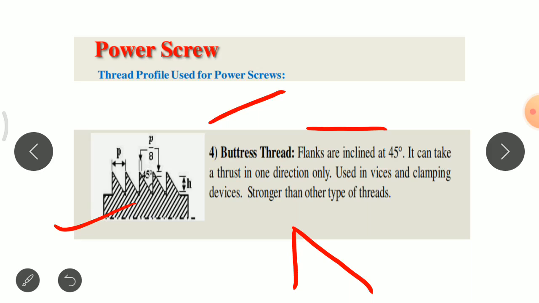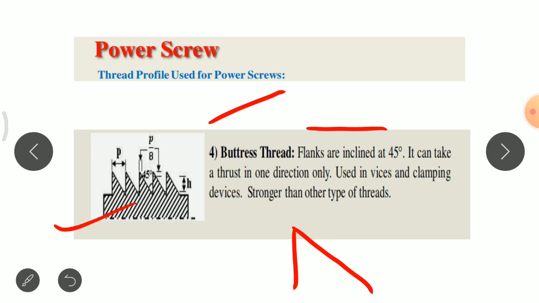Now we will see the next point, the advantages of the buttress thread, and based on that you can understand which disadvantages we discussed in the Acme and square threads are eliminated in this type of screw thread, that is, in the buttress thread.